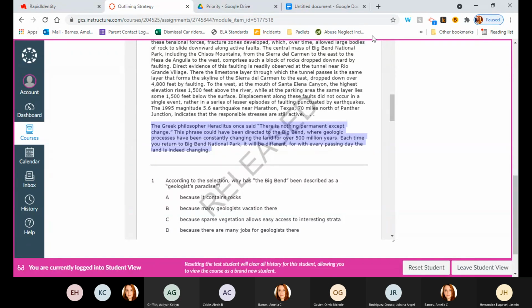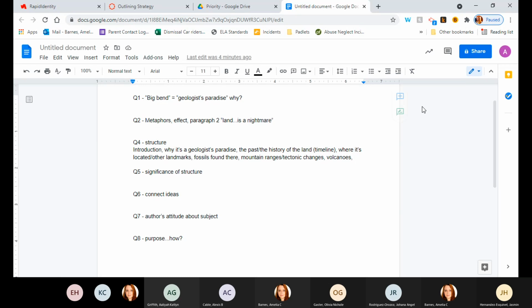Right, it sums it all up, and the summary of everything we just read is what? Like, what's the one central idea here? Big Bend is attracting more people. Well, what's the word that keeps being repeated in this last paragraph? Changing. Yeah, change or changing.